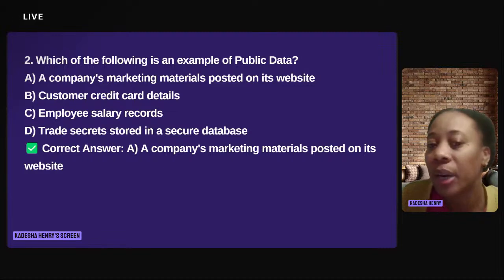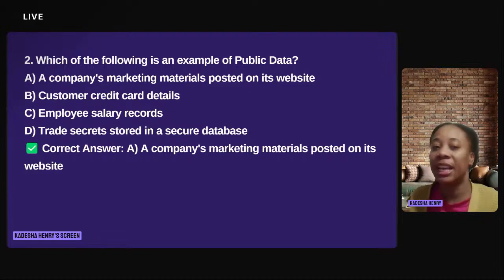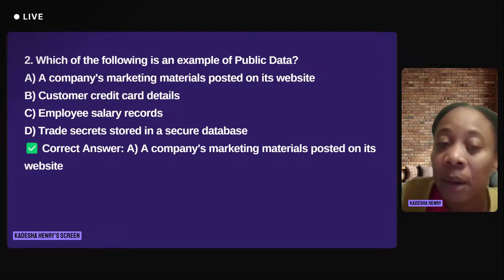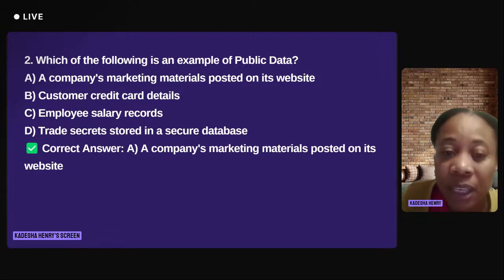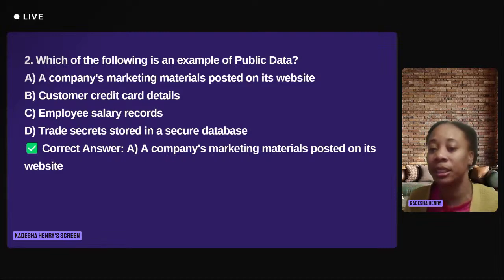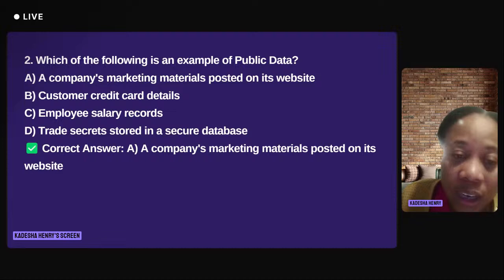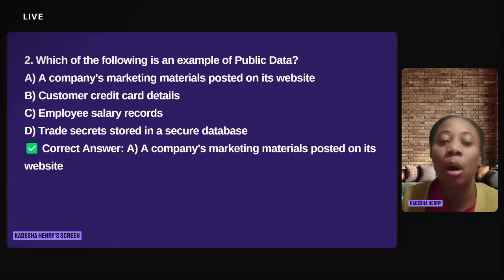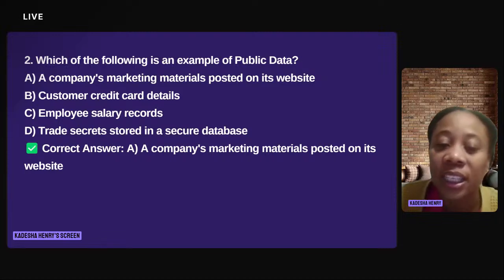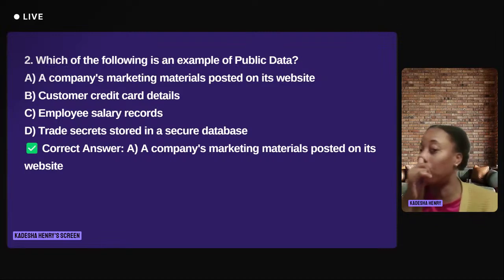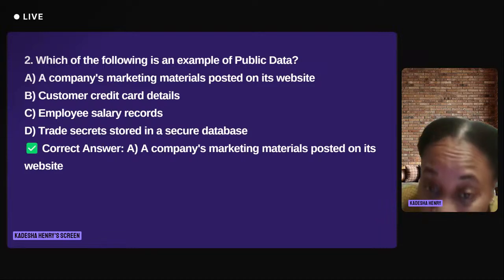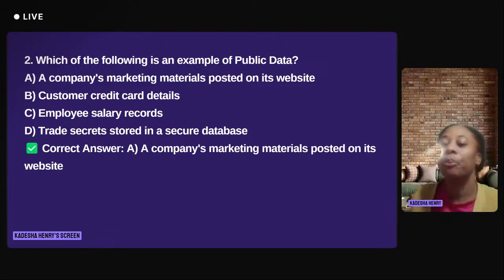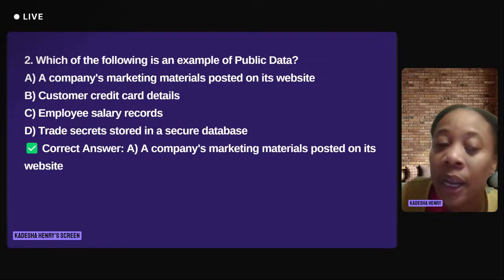Which of the following is an example of public data? A company marketing material posts on its website, customer credit card details, employee salary record, trade secret stored in a secret database. And we would say public data is company marketing material posted on a website.